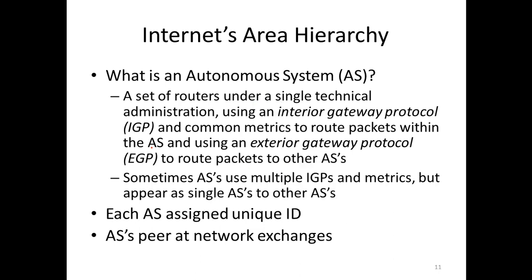IGP is the Interior Gateway Protocol, in which we discussed different kinds of protocols: RIP, OSPF, IGRP, EIGRP. And the next thing we are going towards is EGP, the Exterior Gateway Protocol. The only protocol that we will be discussing under EGP is BGP, the Border Gateway Protocol.